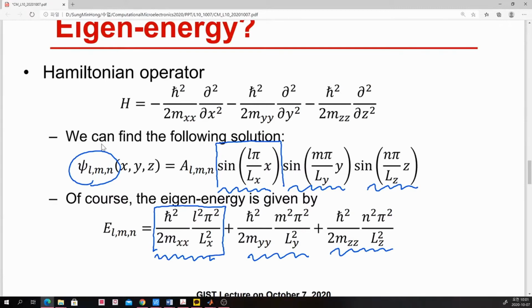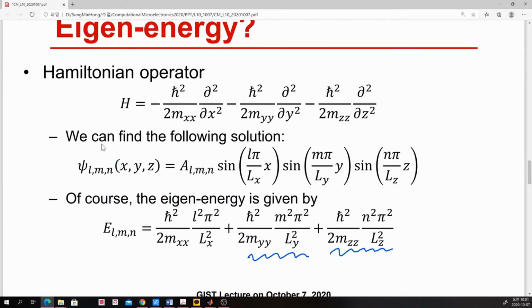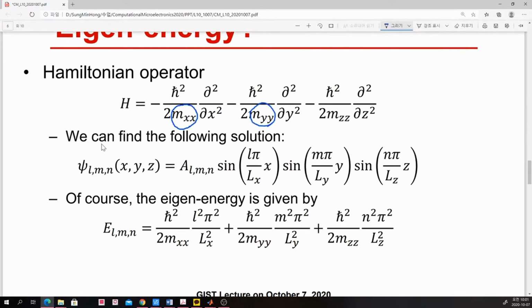So you can easily find the similarity. And one thing I wanted to show you here is that now we are assuming a directional mass. So that is a little bit different.